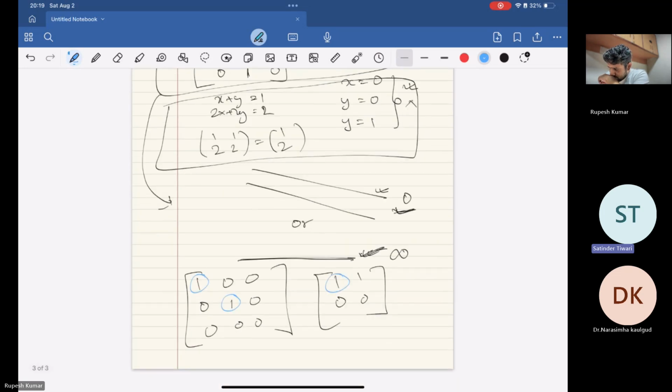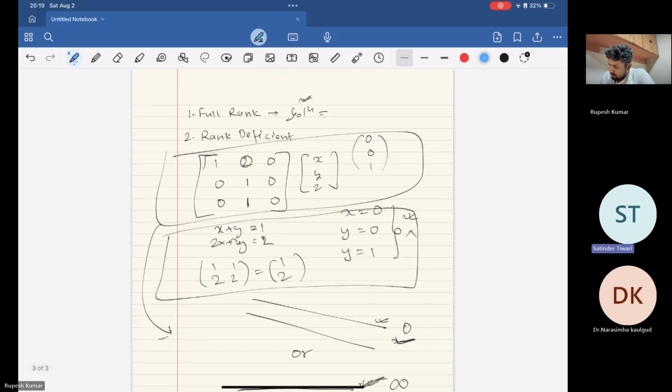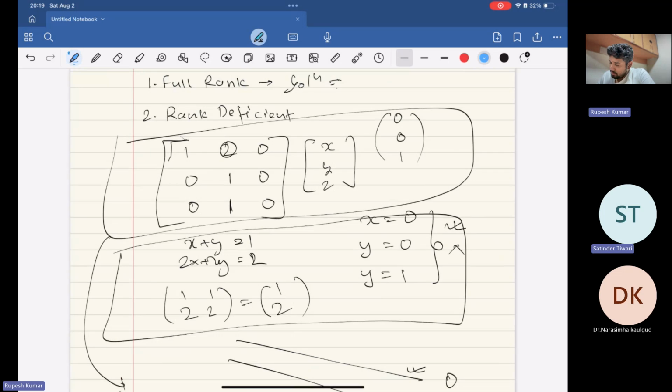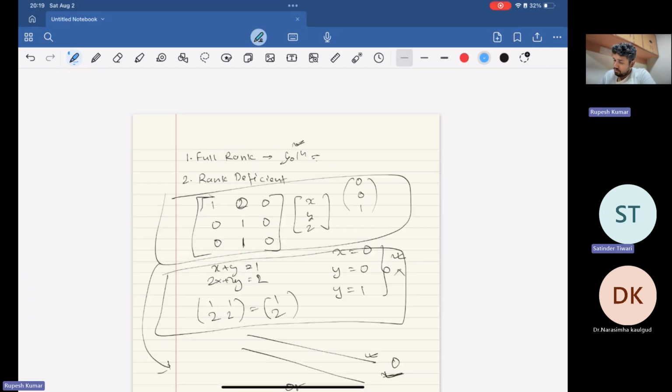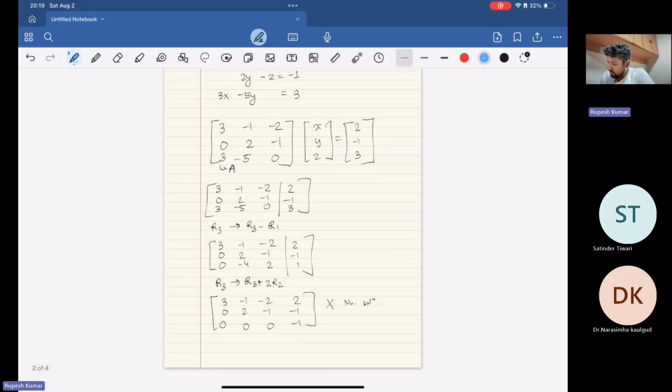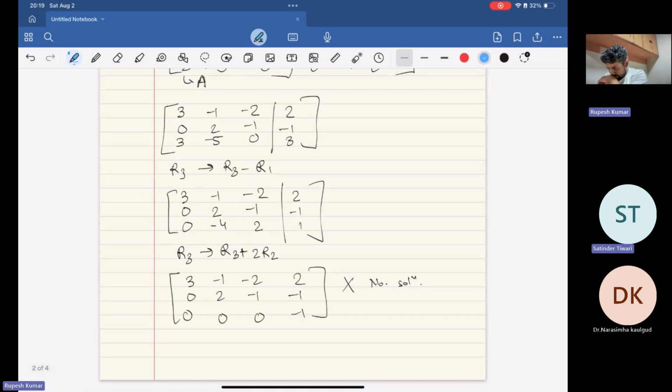There you are getting no solution, but we have two pivots here, right? Not in this case, sir. Let me think. Let me see. Sorry. This case. Right. So in this case, it has no solution, and we are not getting any pivot.